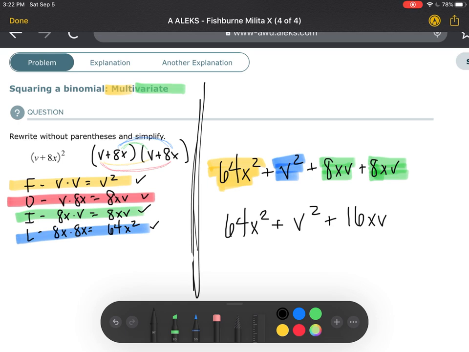Just as a reminder, so anyone's not confused, you can't combine terms that are not alike. So x squared can't be combined with v squared because they're not the same. But xv and xv can be because they are the same.